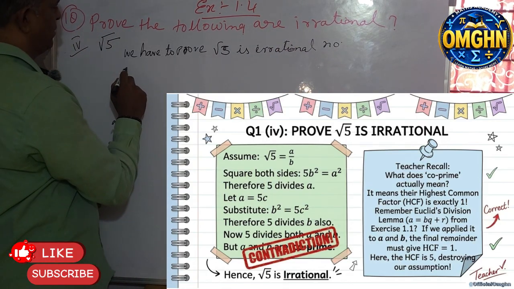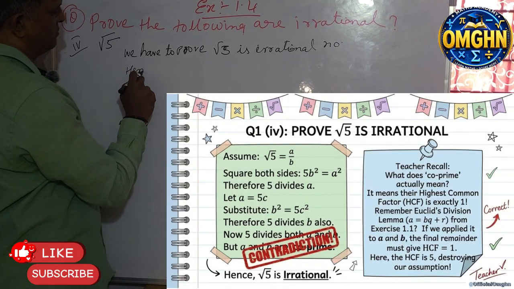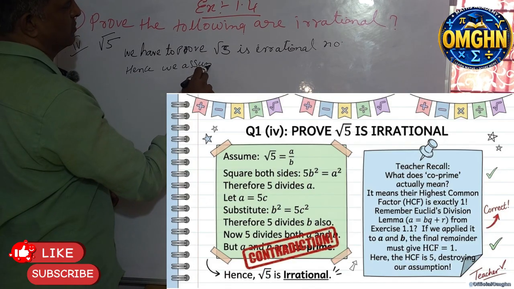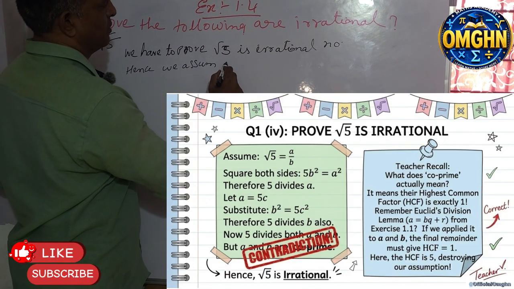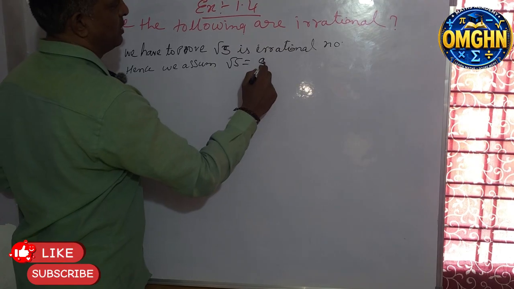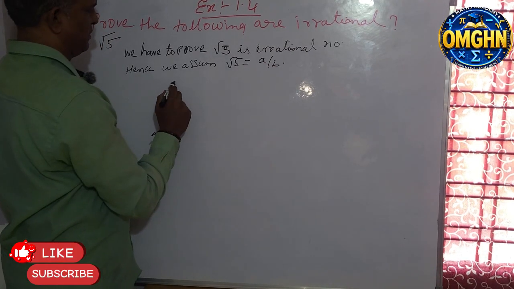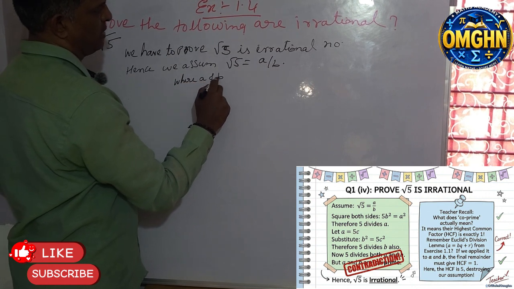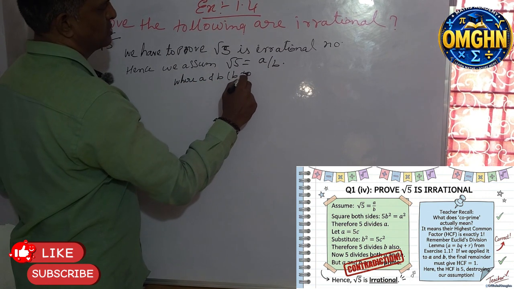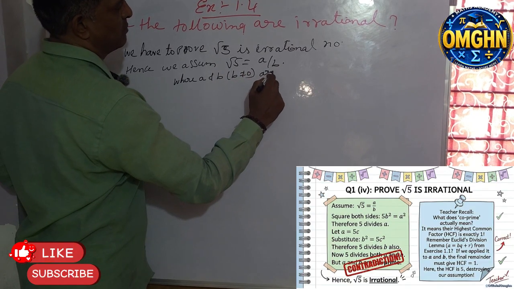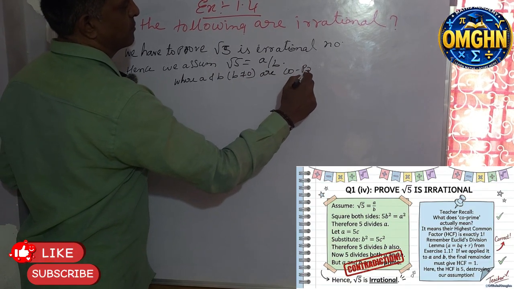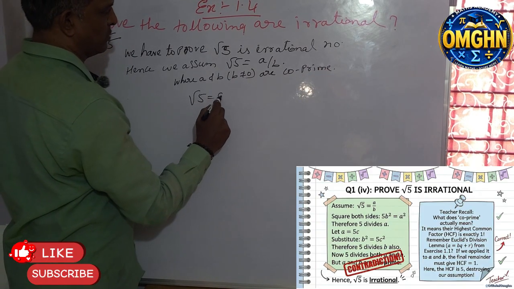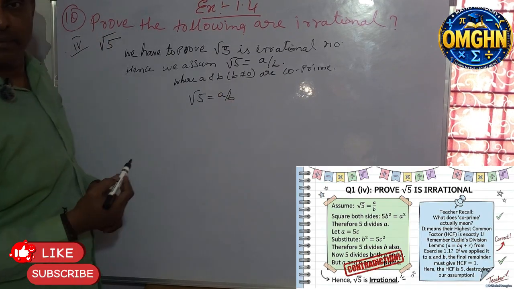For this we have to assume, hence we assume root 5 equal to a by b. Same, where a and b, b not equal to 0, are co-prime. That is, root 5 equal to a by b.